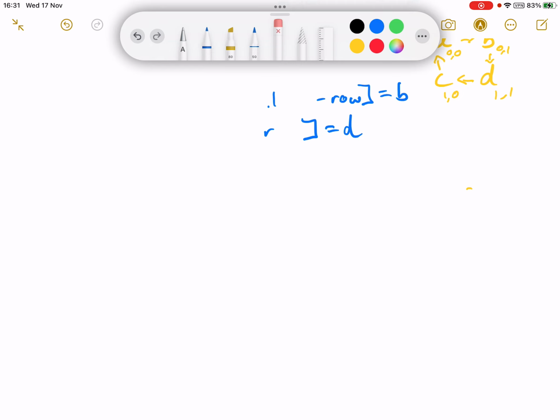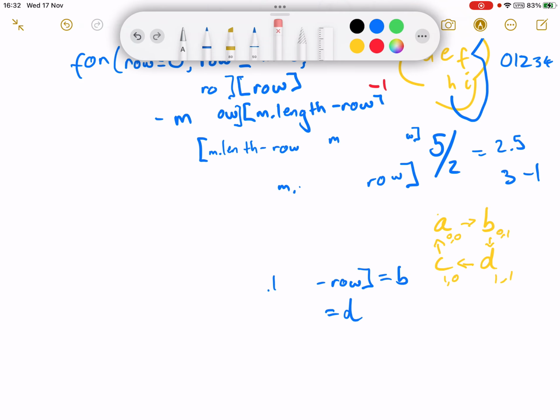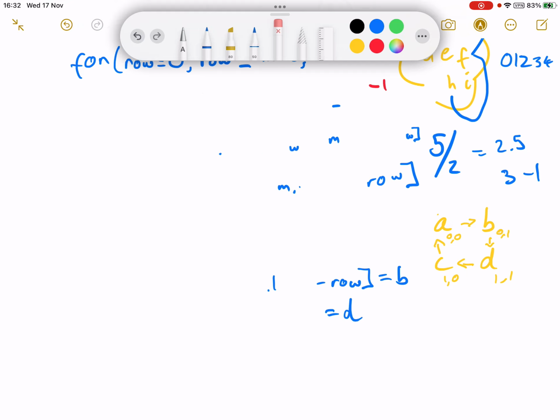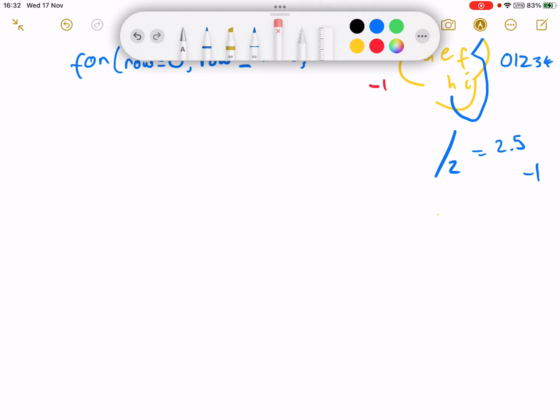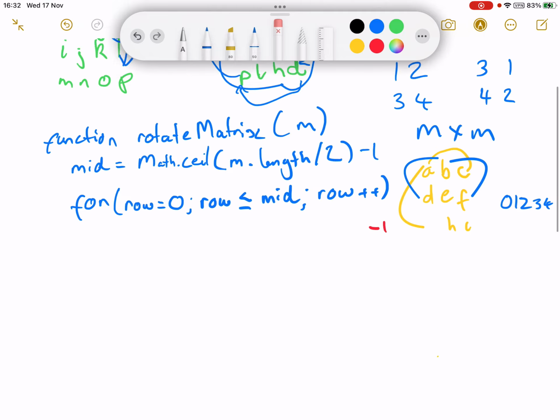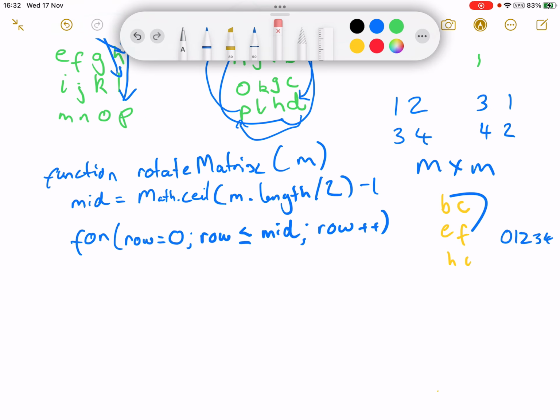So, yeah, I think the part about the midpoint, okay, so up to the midpoint is fine, right? I really want to succeed.